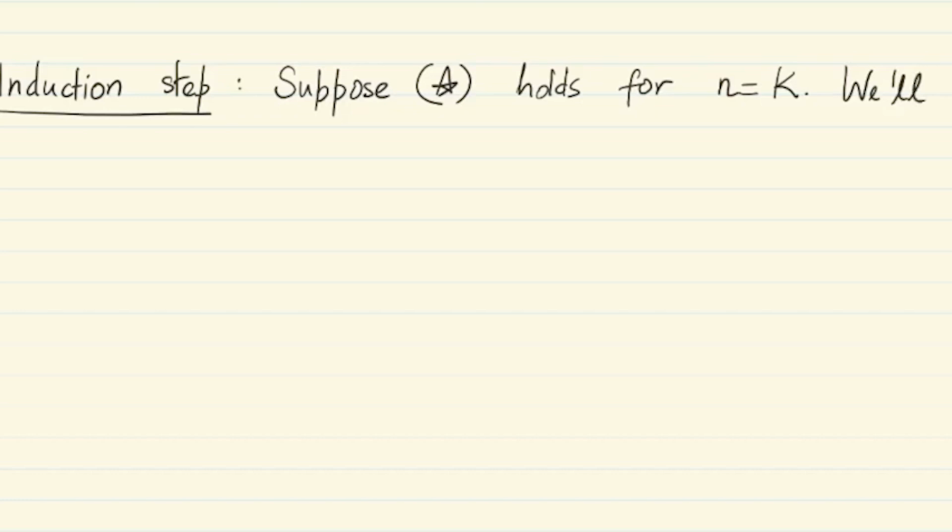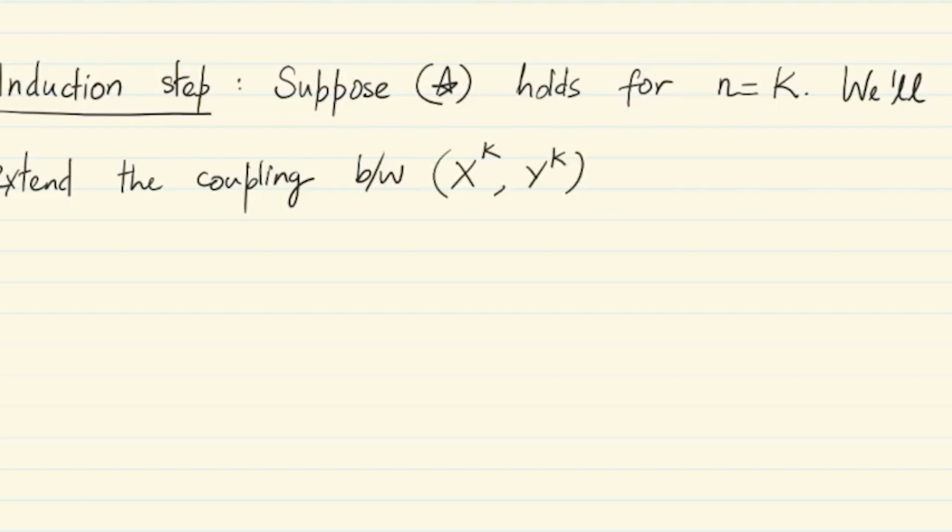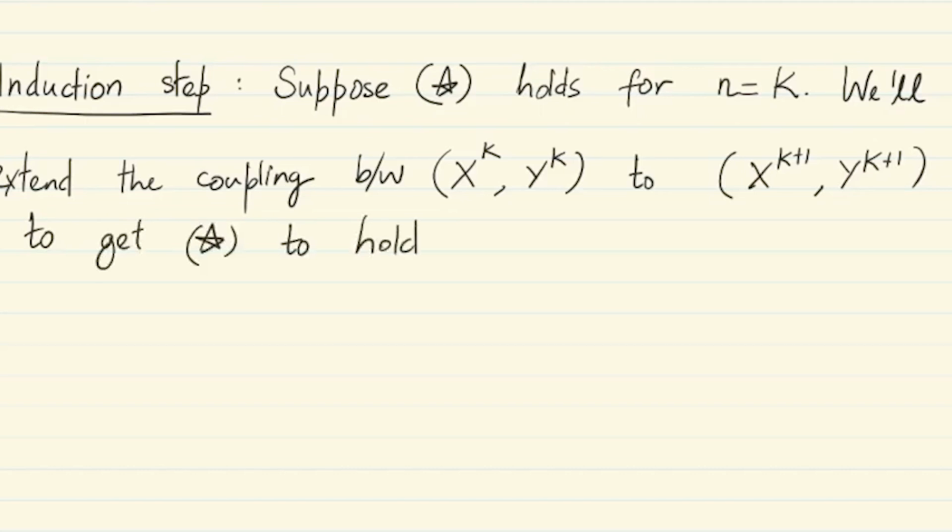So we will just extend that coupling between x^k, where x superscript k denotes x1 through xk, and y^k, to a larger collection x up to k plus 1 and y up to k plus 1, to get star to hold again for the larger collection.